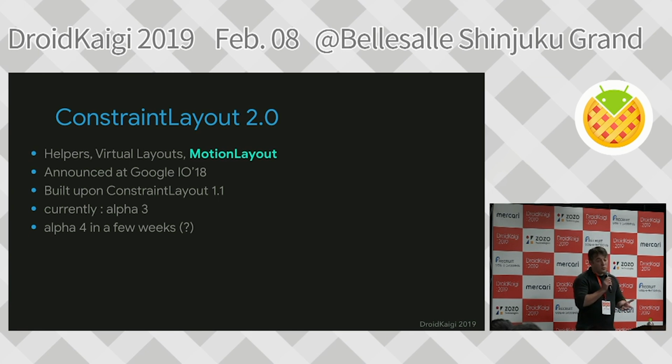It's based on ConstraintLayout 1.1, so it's actually pretty stable. But essentially, you have a lot more features at your disposal to create your layouts and your screens. We just released Alpha 3 back in December with a few more features that we're going to talk about today. We are hoping to get an Alpha 4 in the next few weeks.